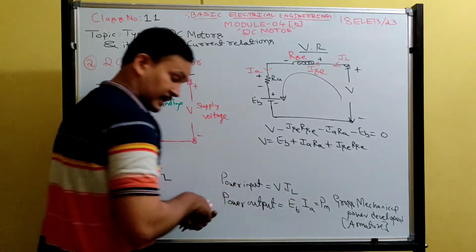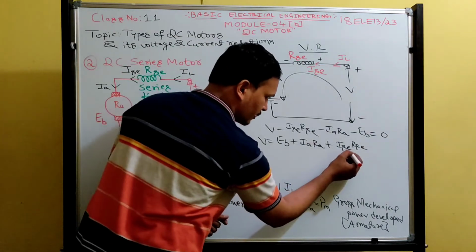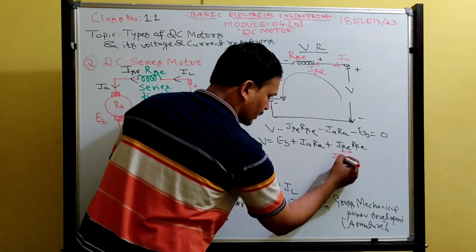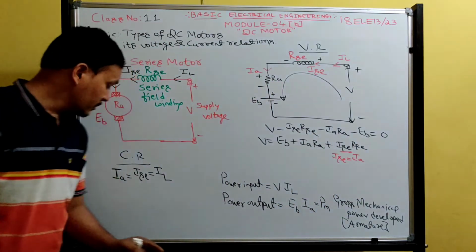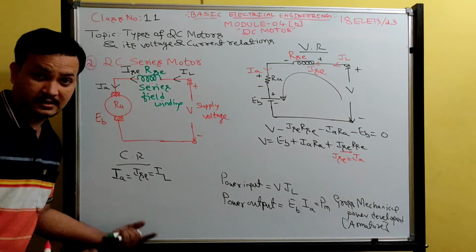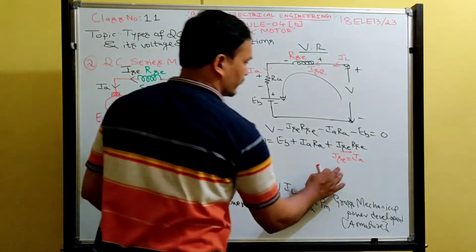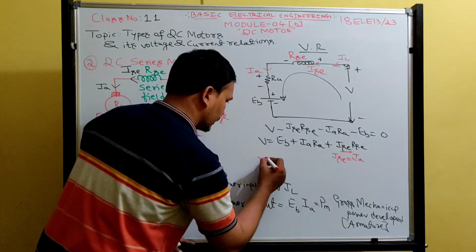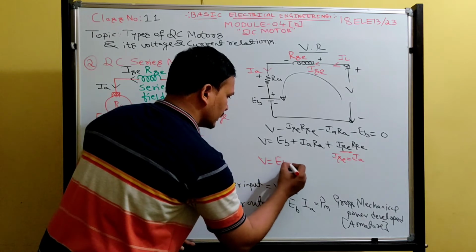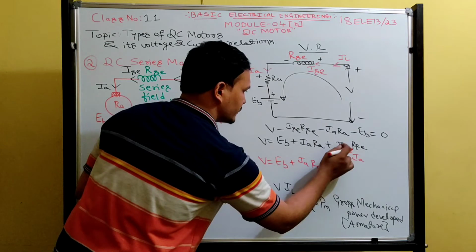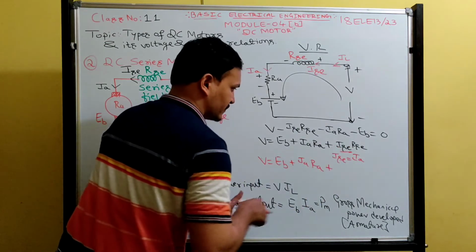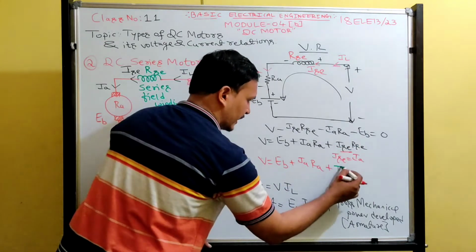But in this last term, ISE I am changing to IA, because those two currents are the same. So I can write V is equal to EB plus IA RA plus, I am changing this ISE by IA.